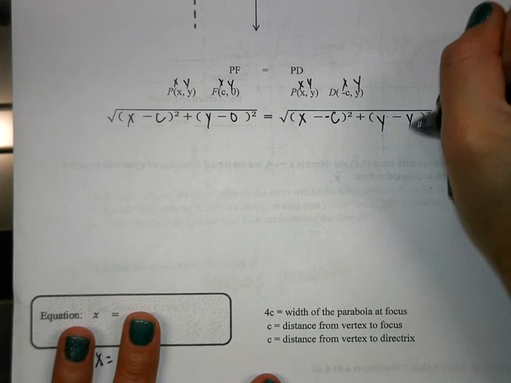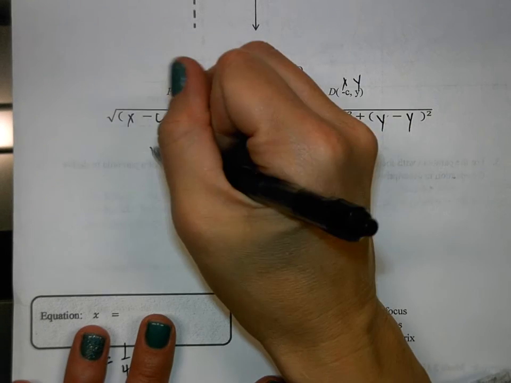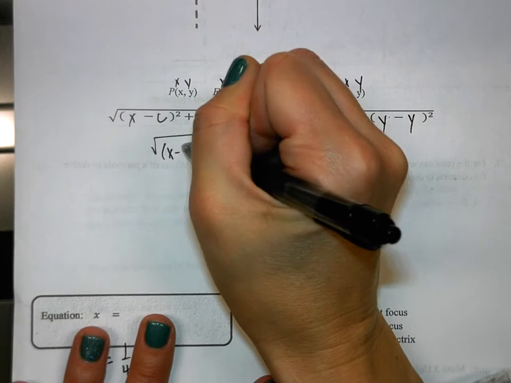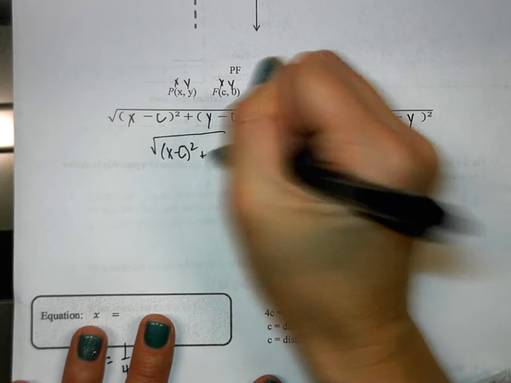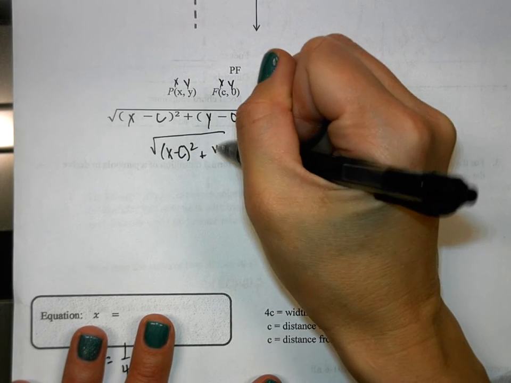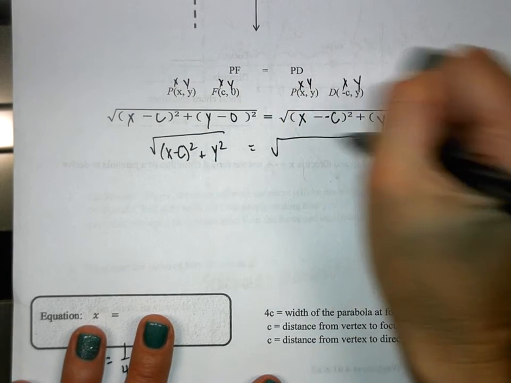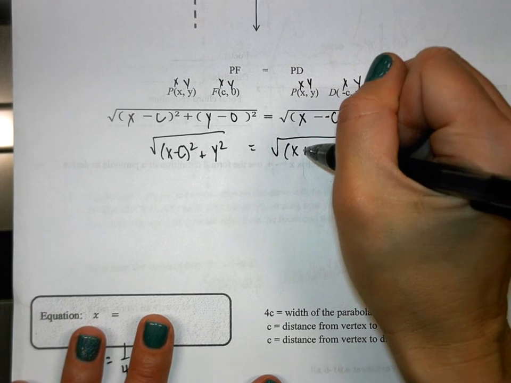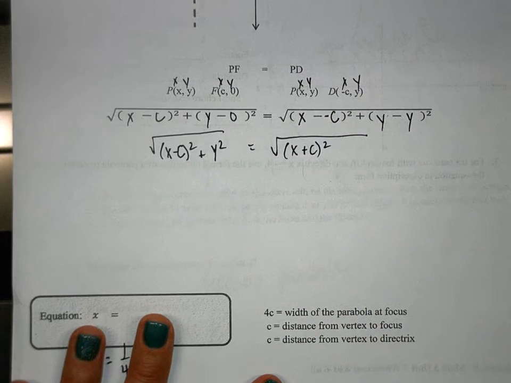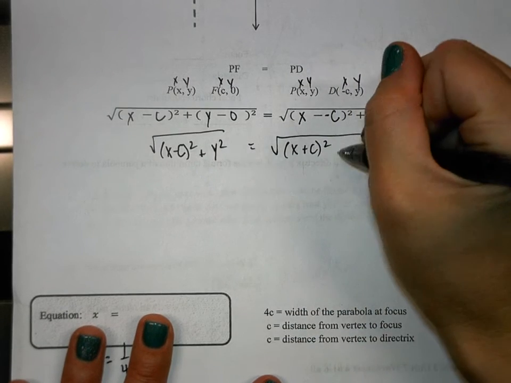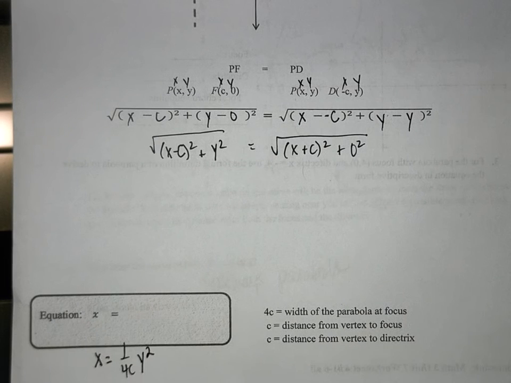Perfect. Okay, so we simplify. We have the square root of x minus c squared plus y minus 0 would make y squared equals, we have the square root of x plus c squared, because two negatives make a positive, plus 0 squared, because y minus y is 0.